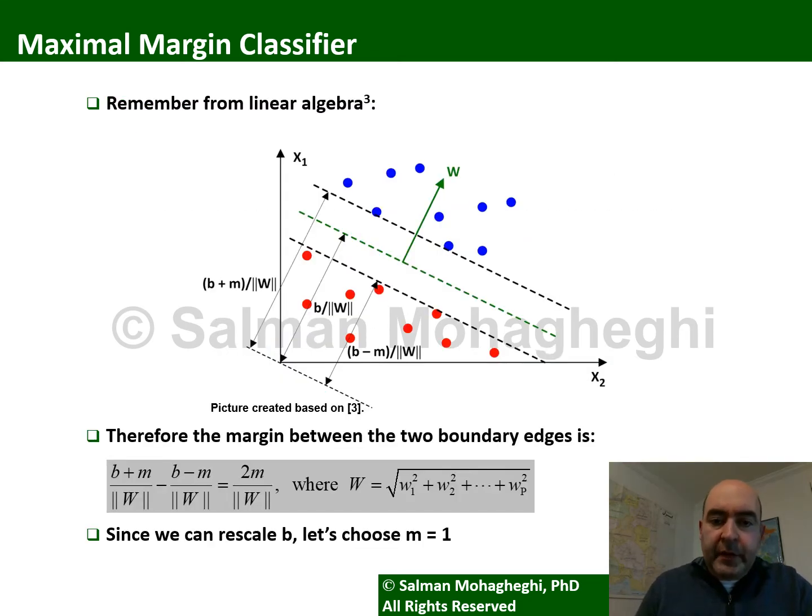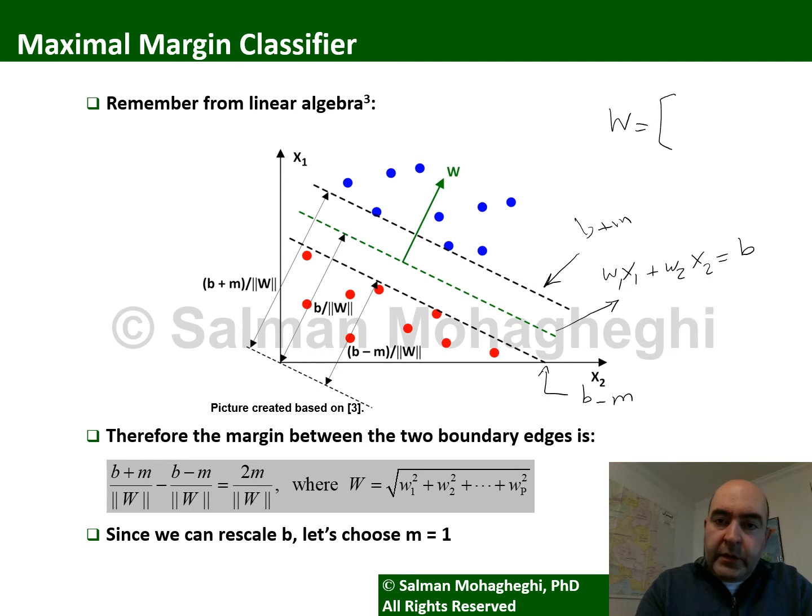Now let's remember from linear algebra. This line, which is a decision boundary, as I showed you on the previous slide, is W1 x1 plus W2 x2 equals B. And this line is the same equation except that W1 x1 plus W2 x2 equals B plus M, and this one is B minus M. If I create this vector W, which consists of coefficients W1 and W2, from linear algebra, you remember that this vector W is perpendicular to this particular line, as I am showing here.